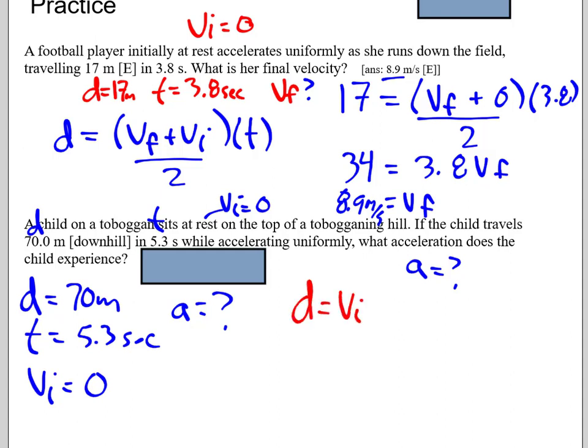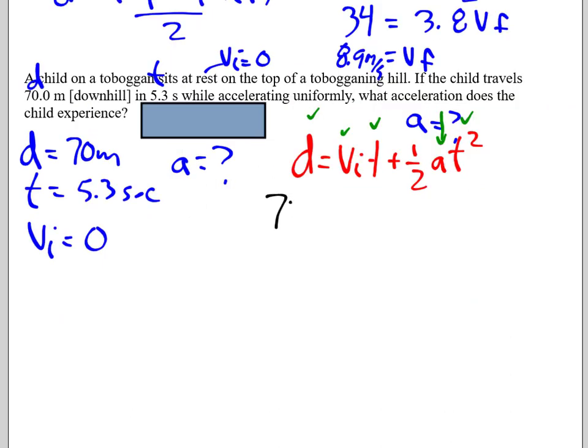Let's take a quick look. What do we actually have? We know D, we know T, we know VI, we're looking for A. This equation should work. Let's give ourselves a little more room to write. We have 70 meters. This first term will go to 0 because VI is 0. We have 1/2, we want A, and we're going to put in 5.3 squared.